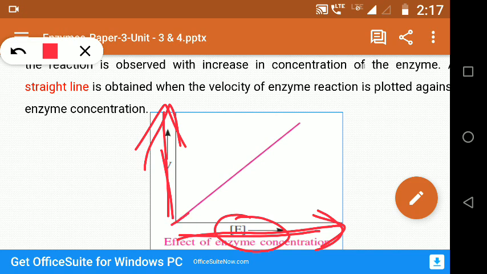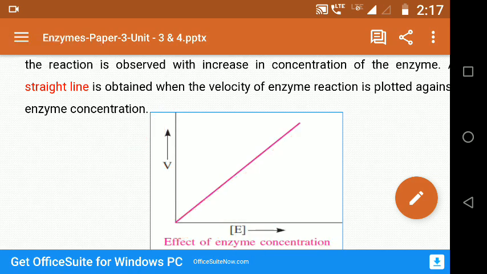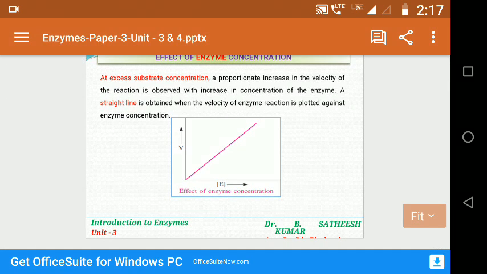So that is why we are getting a straight line, completely proportional. The enzyme activity is completely proportional to the concentration of the enzyme at excessive substrate concentration. So that is why the enzyme concentration affects the activity of the enzyme.